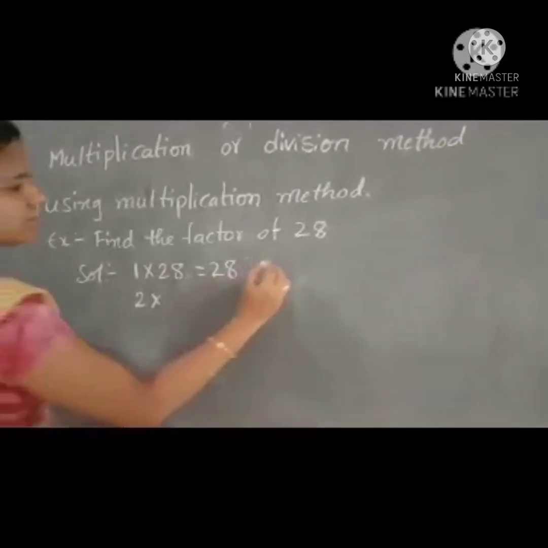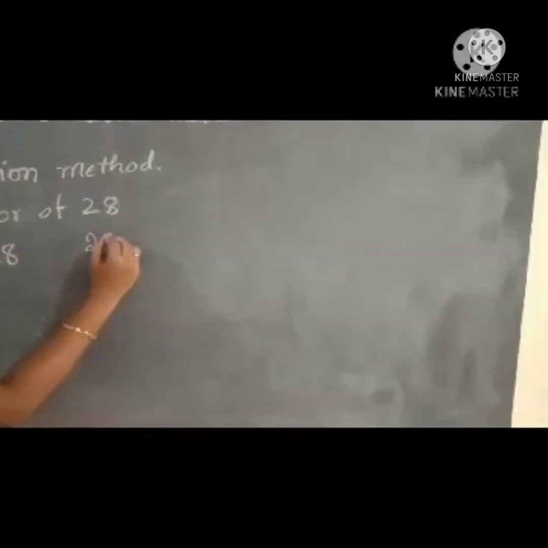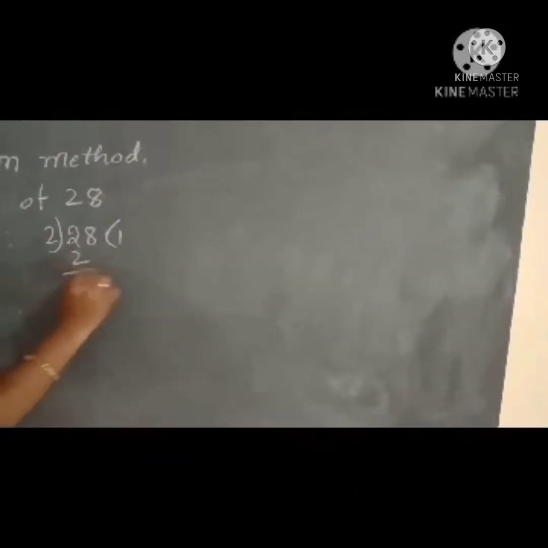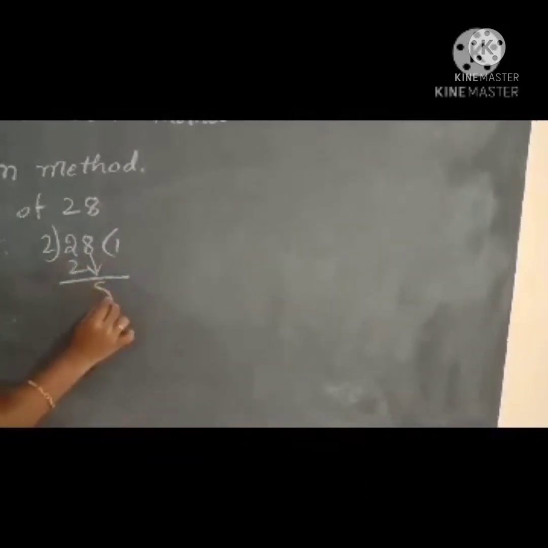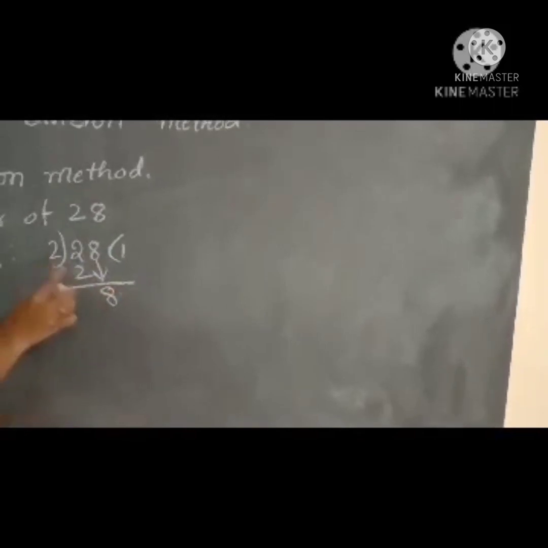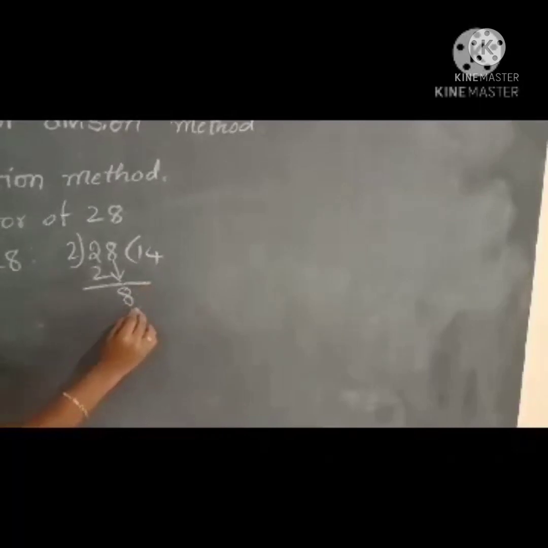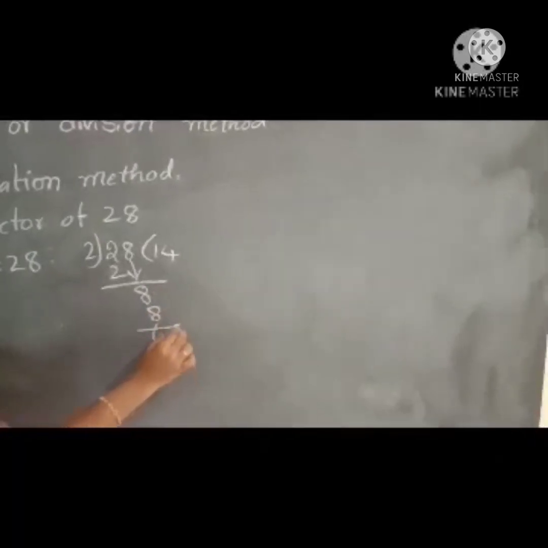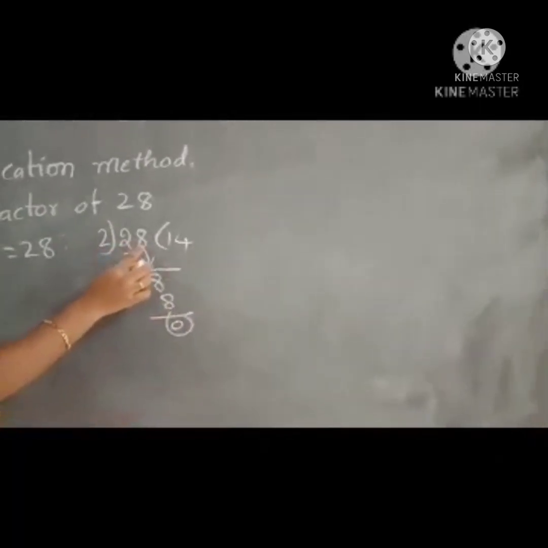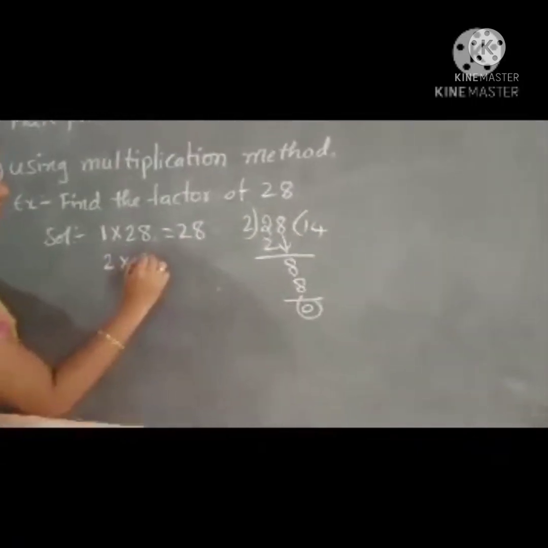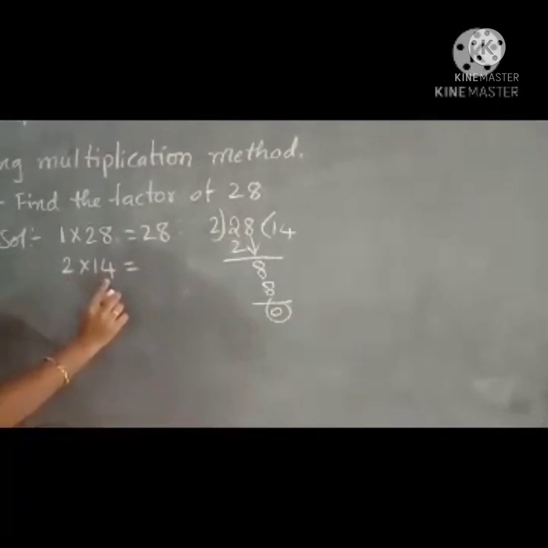We have to check through division. 28, 2. 2 ones are 2. And next we take down 8. In 2 table, is 8 there? Yes. 4 twos are 8. The remainder is 0. So 14 times. Now here we have to write 14. 2 14s are 28.